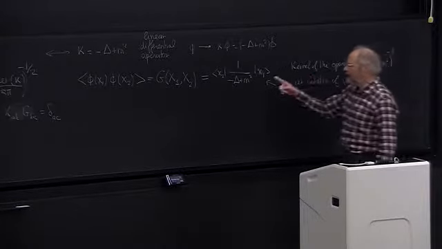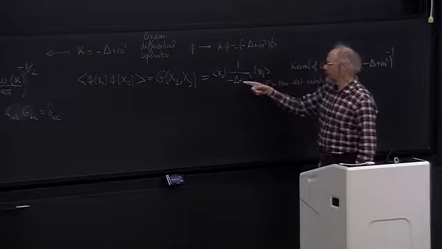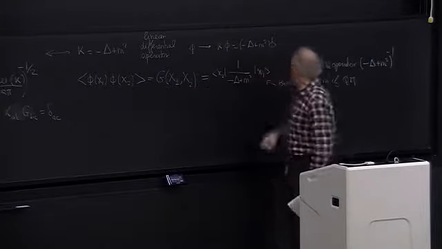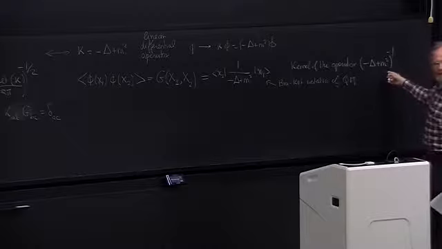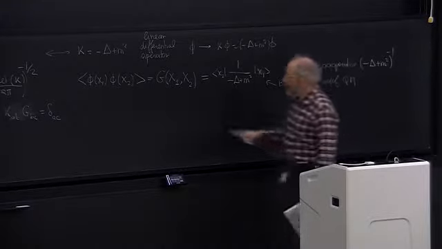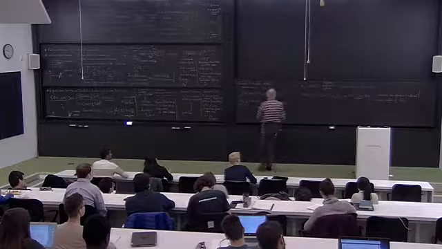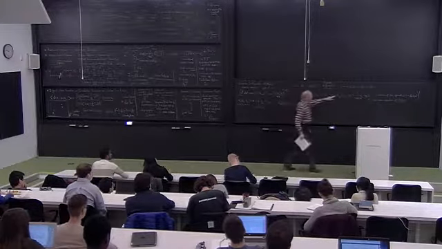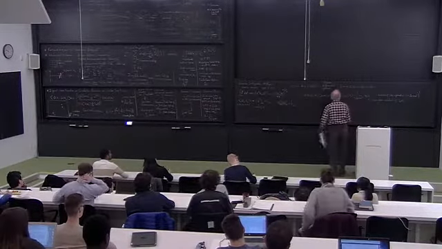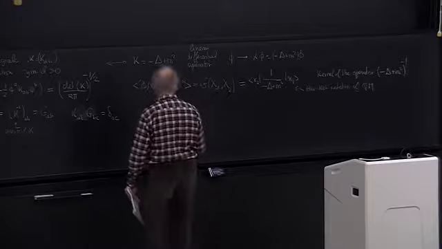Here we are not doing quantum mechanics, it's just a standard notation for denoting the kernel of this operator. Okay. So what is this function? Well, this function is the inverse of this object. So this function should satisfy the differential equation.